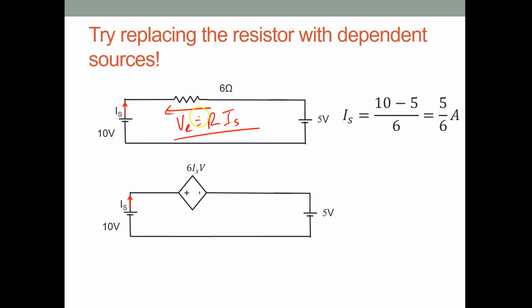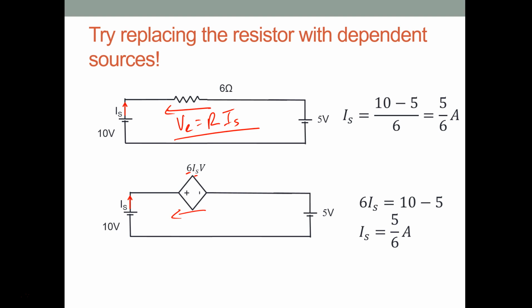This is the same as having a dependent voltage source, which is R by Is. So if I work out the value of the current in this case, I will get 6Is, which is the voltage across here, is equal to 10 minus 5, and that will give me 5 on 6 amps, which is exactly the same as before.